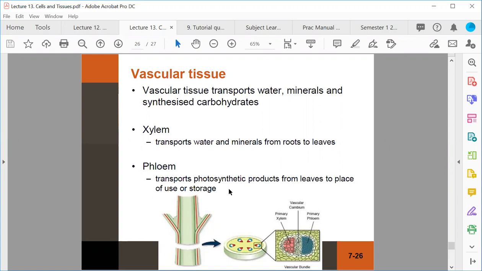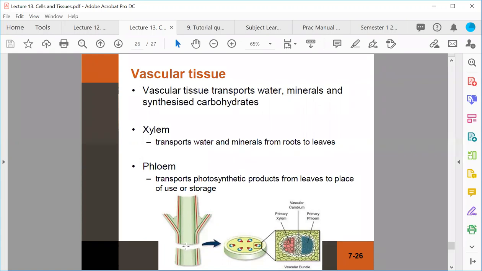The phloem will transport those products of photosynthesis in all directions: upward, downwards through the plant, and also from side to side. In this image, we can see part of a plant, looks like the stem and maybe some lateral branches. These red and green lines represent the xylem and phloem.